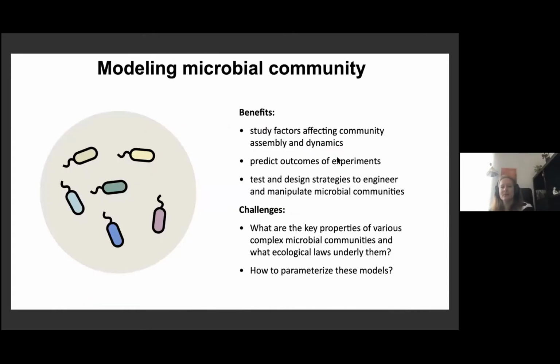And models are actually a really good instrument to address all those questions that arise from the data, because you can dissect and separately study different factors that may affect community properties.